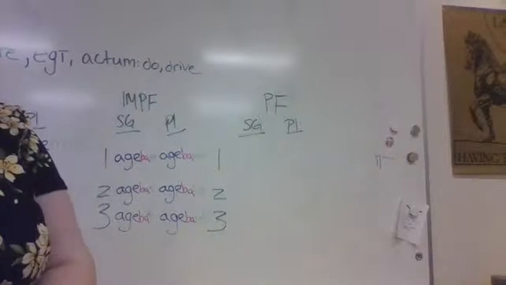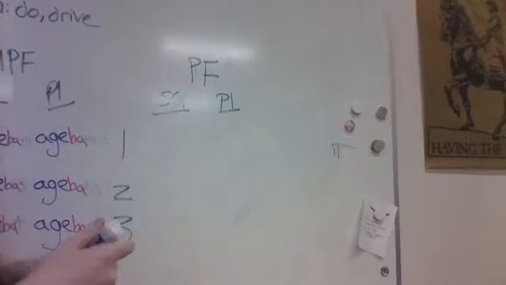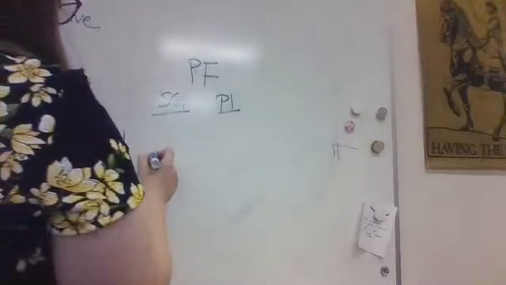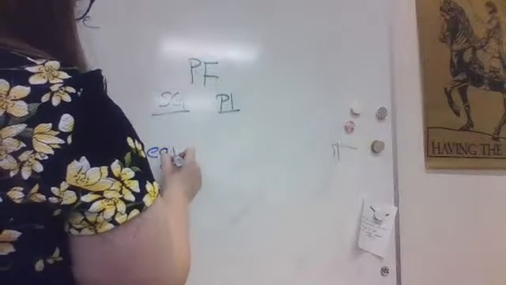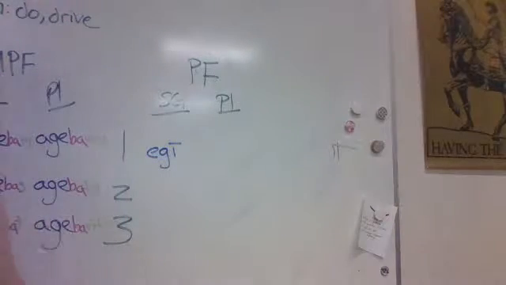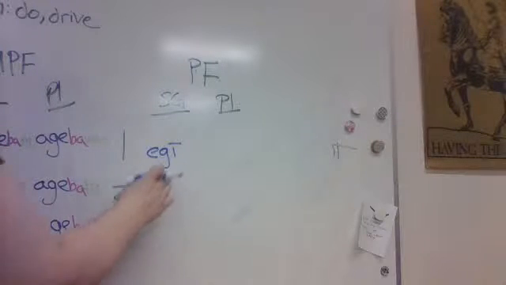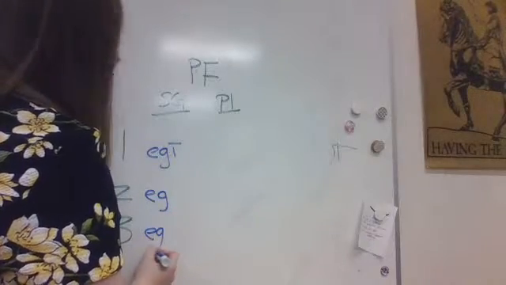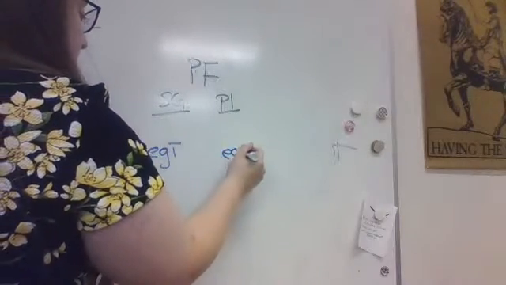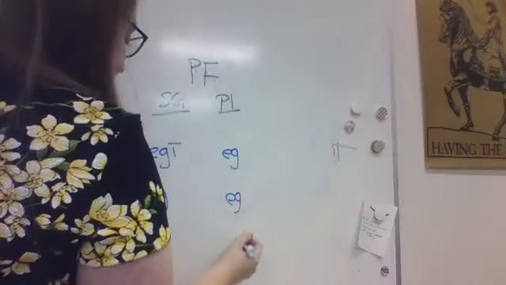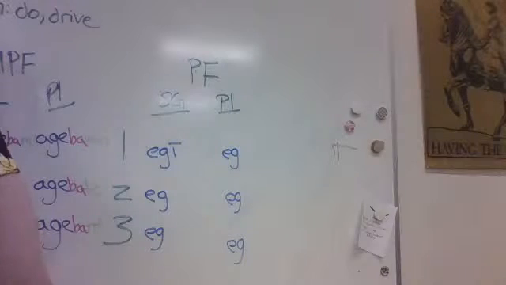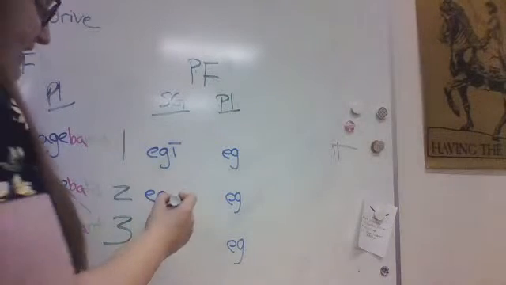Let's look at perfect in the third conjugation. First thing you do, take your third part of the verb, because they always give you first person perfect. Now, to get our perfect stem, we take off the I. And all that's left is to put on our perfect endings.